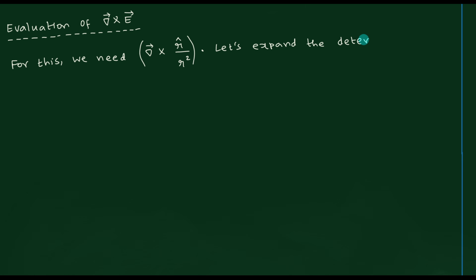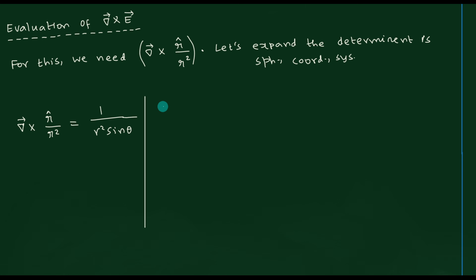What we have to do is expand the traditional A cross B kind of determinant. However, the determinant is in the spherical polar coordinate system, so that is the place where you have to be careful. Once you have the expression, we can write down that del cross r cap by r square will be equal to 1 by r square sin theta, determinant of the unit vectors a_r, then r times a theta, then r sin theta times a phi.